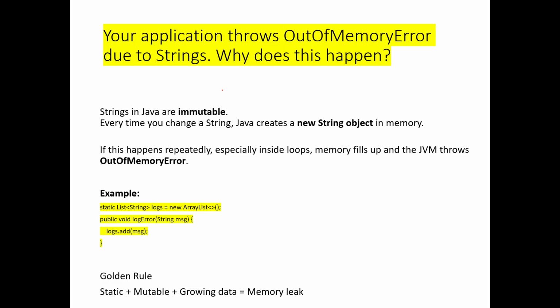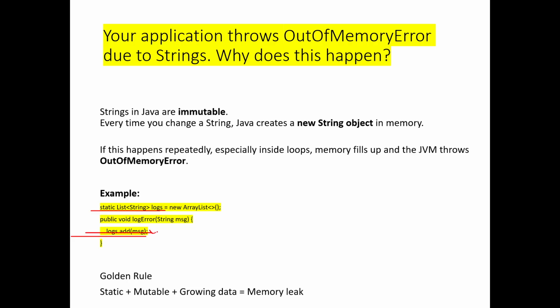If I give one example here, suppose there is a list called logs, and in this list he is adding an error message. So this logs list will keep on increasing, and if you add each message, as String is not mutable, adding means it will create a new object.